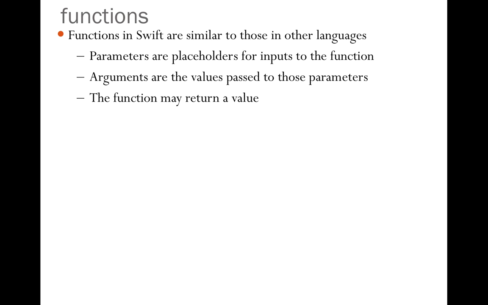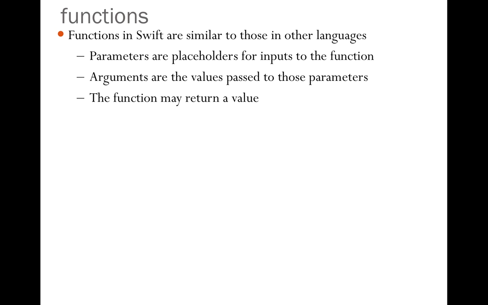Let's talk something about functions. As I just mentioned, functions in Swift are similar to those in C. Generally, a function has parameters. Parameters are placeholders for input to the function.